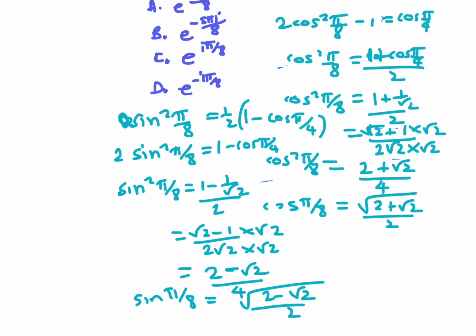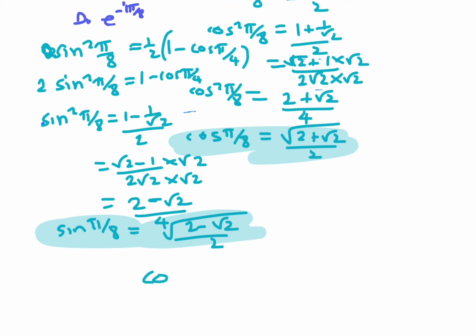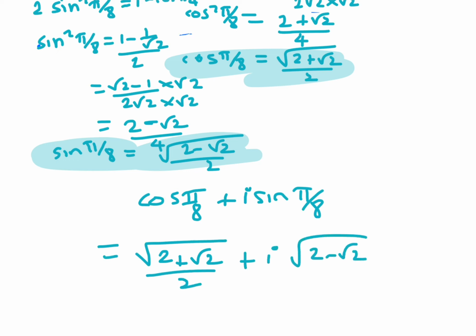So now what we actually have here is what sine pi on 8 equals and what cos pi on 8 equals. So then we have cos pi on 8 plus i sine pi on 8. And that's going to be equal to the square root of 2 plus root 2 on 2 plus i times the square root of 2 minus root 2 on 2.